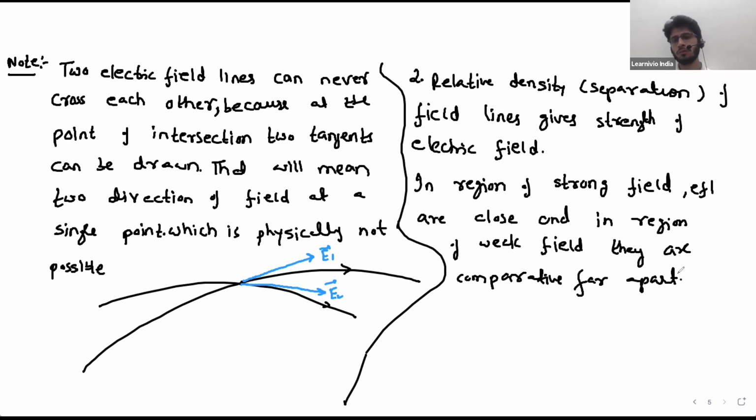So if field is strong, field lines are close. If field is weak, then they are far apart. So I'm giving you an example.